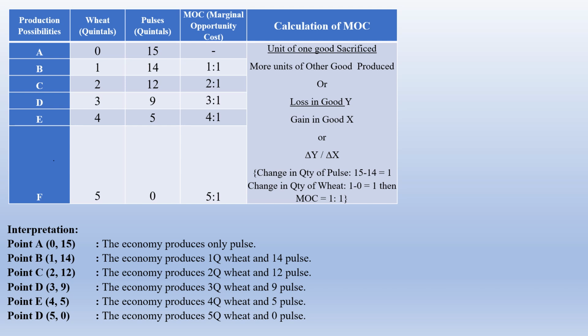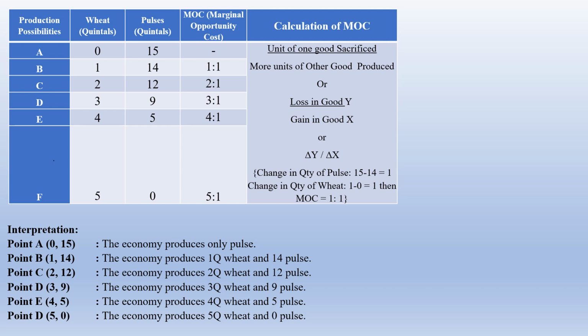In the third case we again increase the production of wheat, which again reduces the production of pulses. Finally we sacrifice one good for the other. That means we produce only wheat, and there is no production of pulses. This chart shows the MOC is increasing.